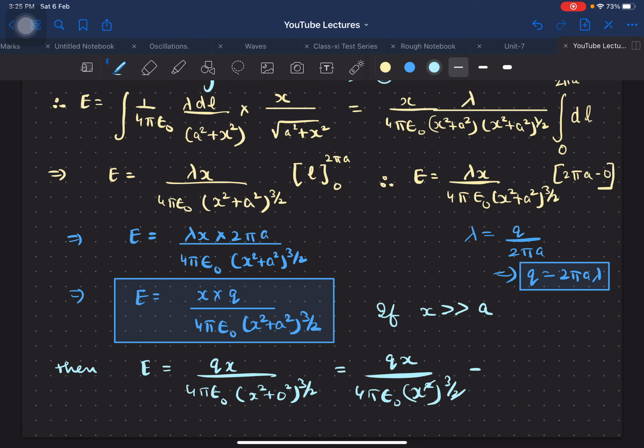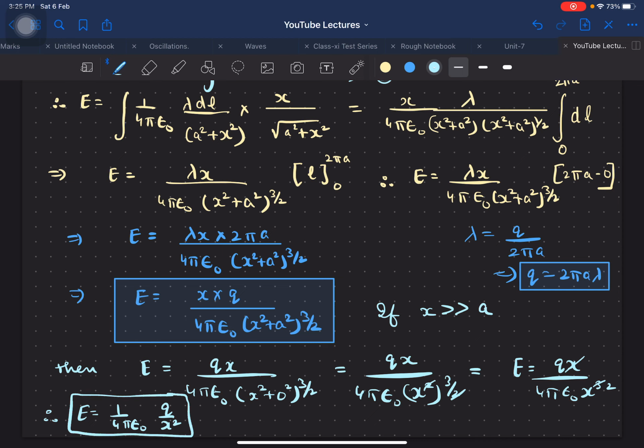Cancelling out the square, we have E equal to qx upon 4 pi epsilon naught x cube, and cancelling out, we have x square. Therefore the electric field intensity because of a uniformly charged circular ring is 1 upon 4 pi epsilon naught q upon x square. So this is the expression for the electric field intensity.